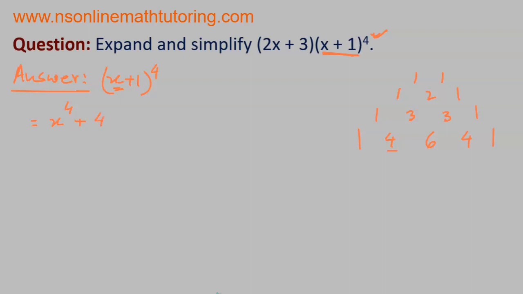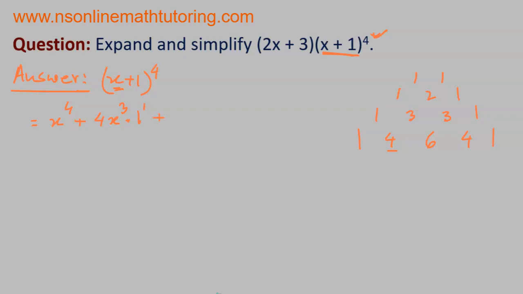So 4 times x to the power of 3, because the powers of x will be going on decreasing by 1 each time, and now we will be having 1 to the power of 1, so it is 1. Okay, I am writing 1, okay.